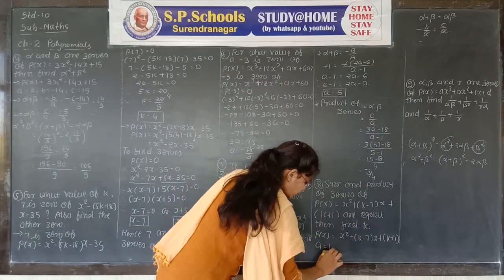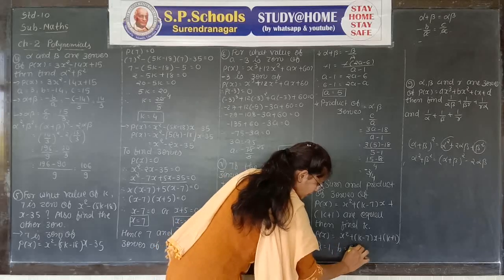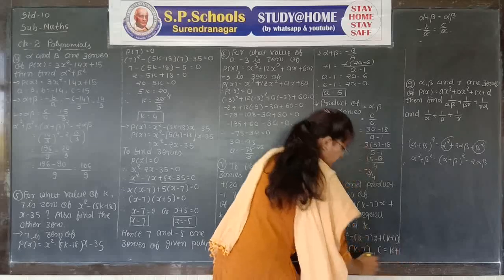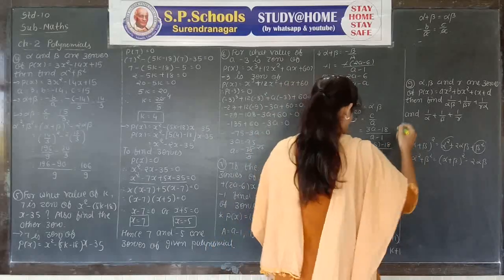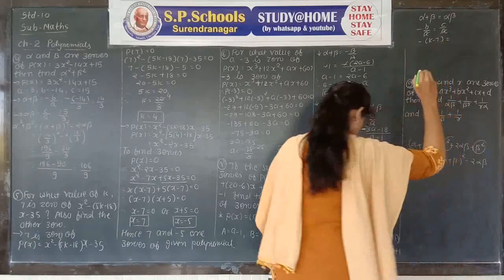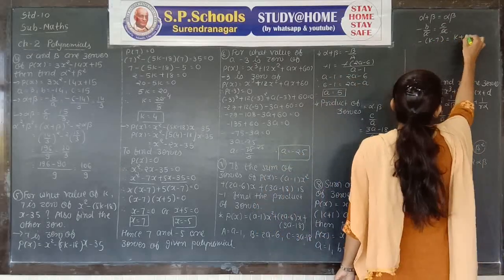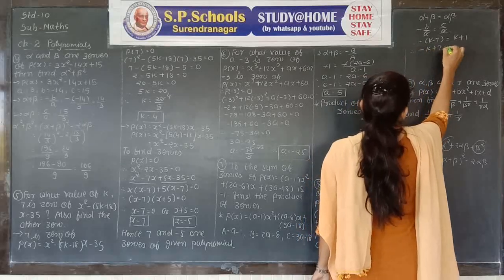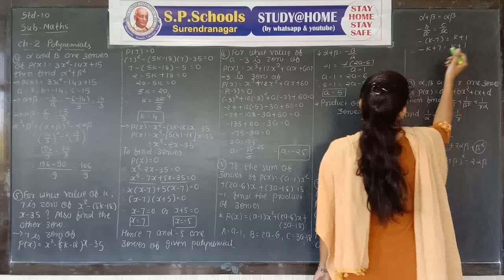Here a is equal to 1, b is equal to k minus 7 and c is equal to k plus 1. Minus b is minus (k minus 7), put it into brackets, and c is equal to k plus 1. First we multiply minus with the bracket: minus k plus 7 is equal to k plus 1.